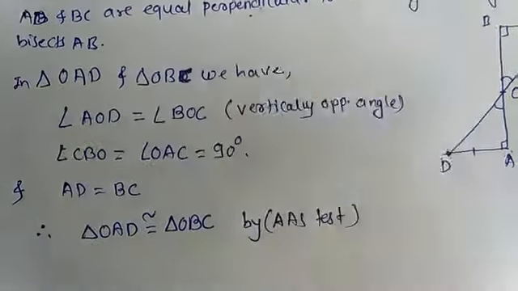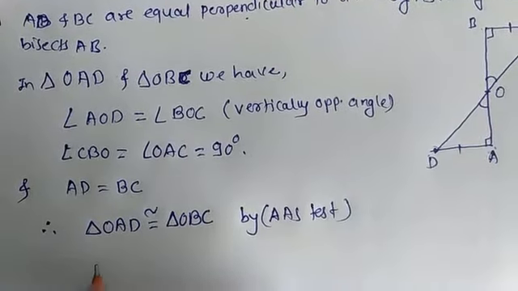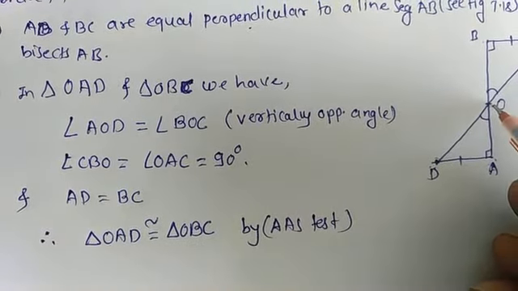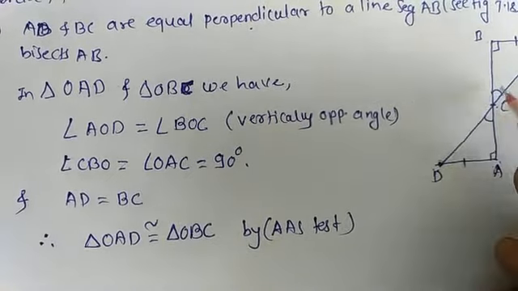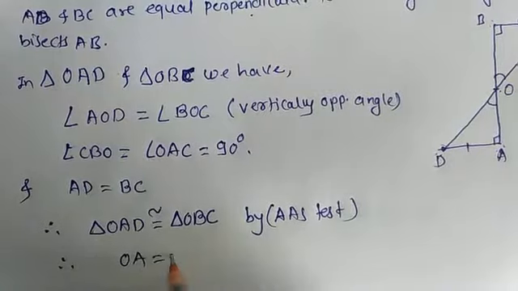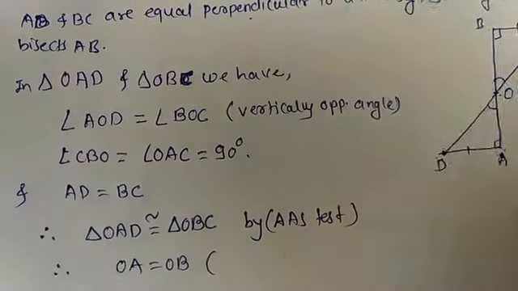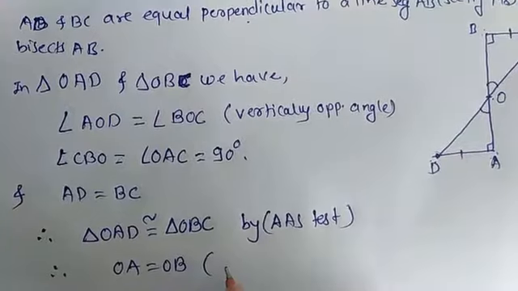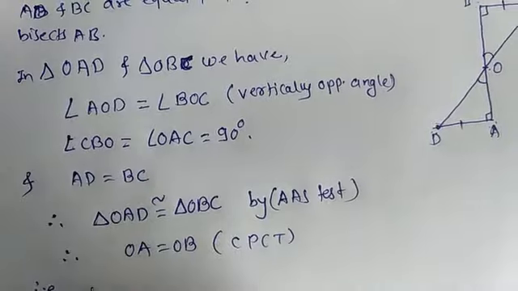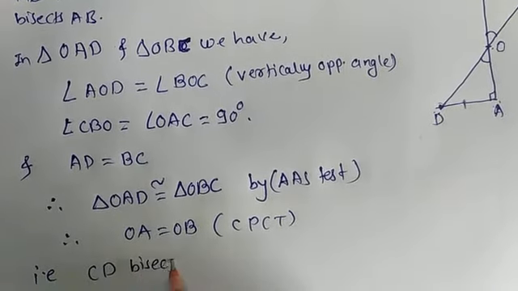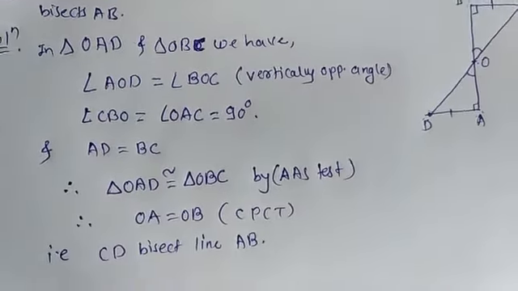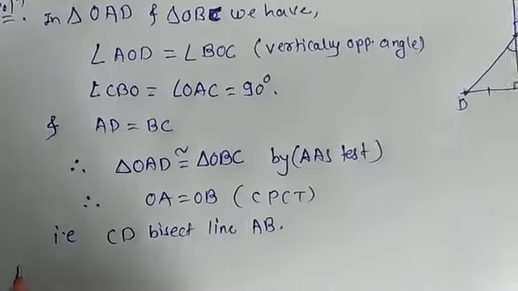That means by CPCT, OA will be equal to OB. That means CD bisects line AB by CPCT, which is our required solution.